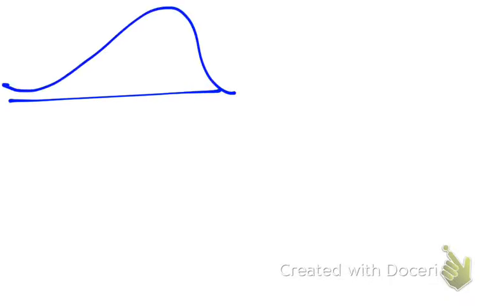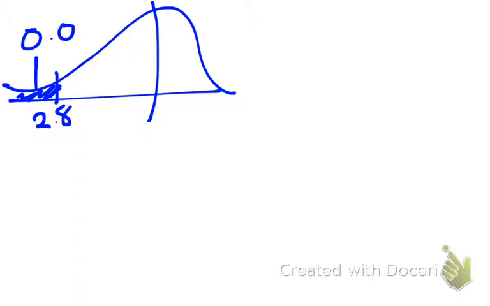So when we write our answer up in a sentence, we can say, from our normal distribution, remember we're trying to find the probability of being less than 2.8 kg. We know that that area there, because of symmetry, is 0.0477.